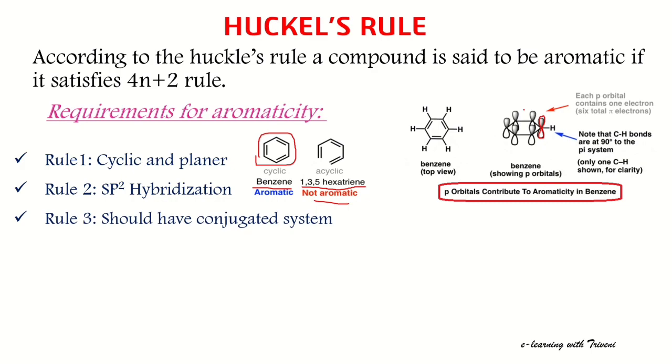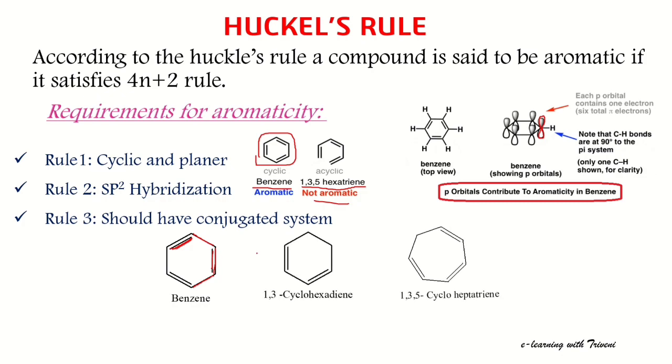Rule 3: it should have a conjugated system. Conjugated system means the presence of alternating double bonds. Benzene has a double bond and a single bond, again a double bond and a single bond, again a double bond and a single bond. This is a conjugated system. If you take another example like 1,3-cyclohexadiene, here the conjugation is absent, and in 1,3,5-cycloheptatriene also it is not complete, since one carbon has no double bond.